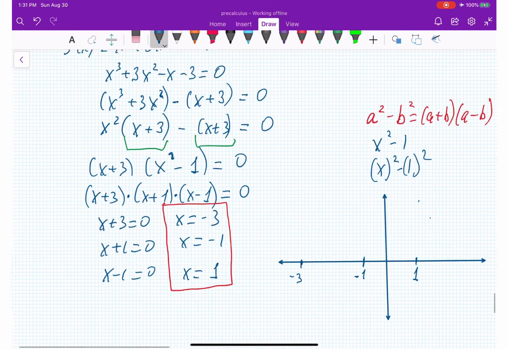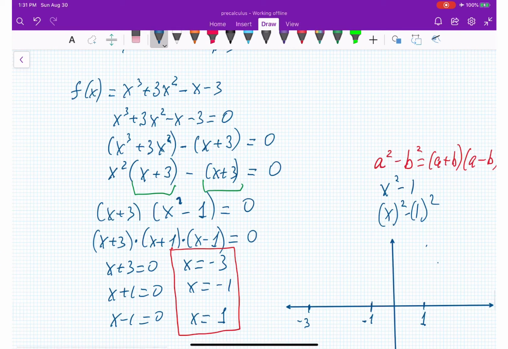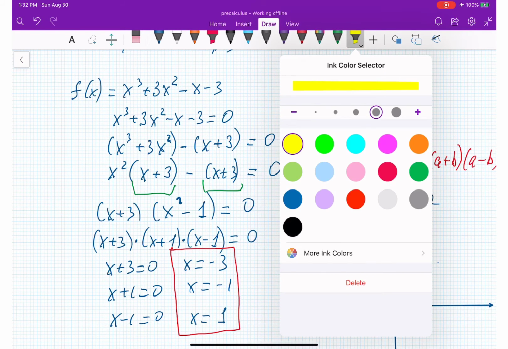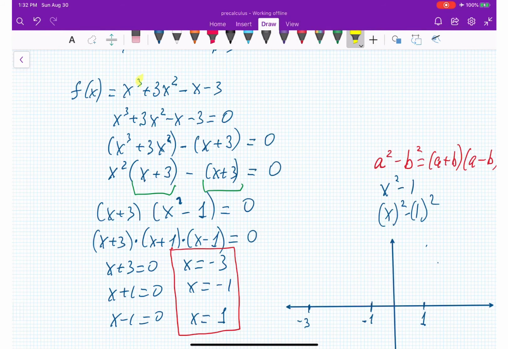Okay. And if we look at the polynomial, we have the highest degree, we have 3.